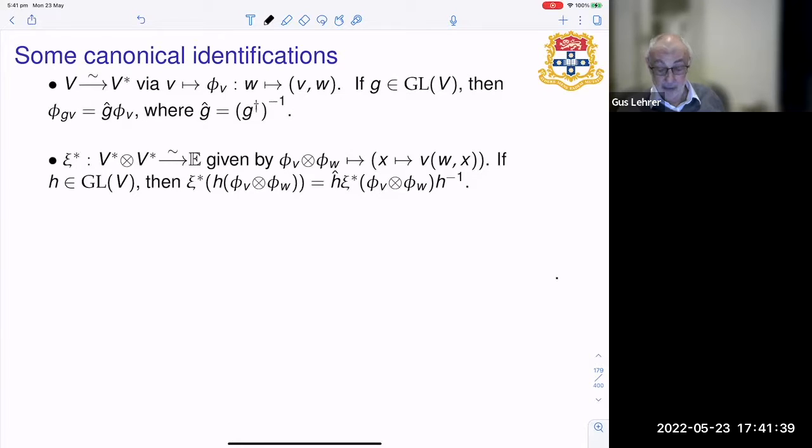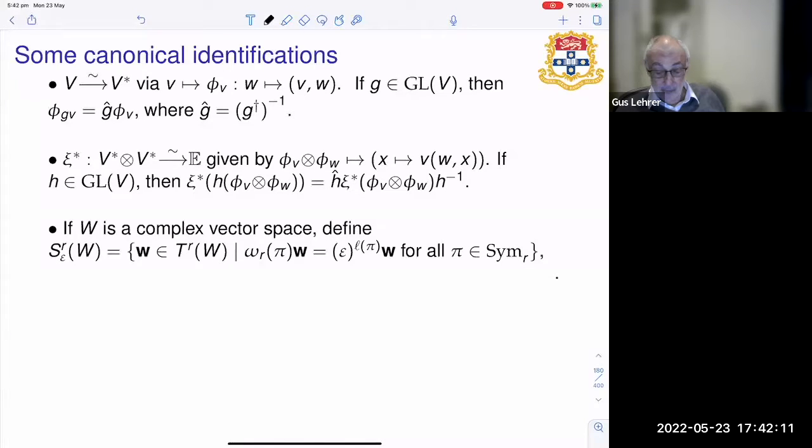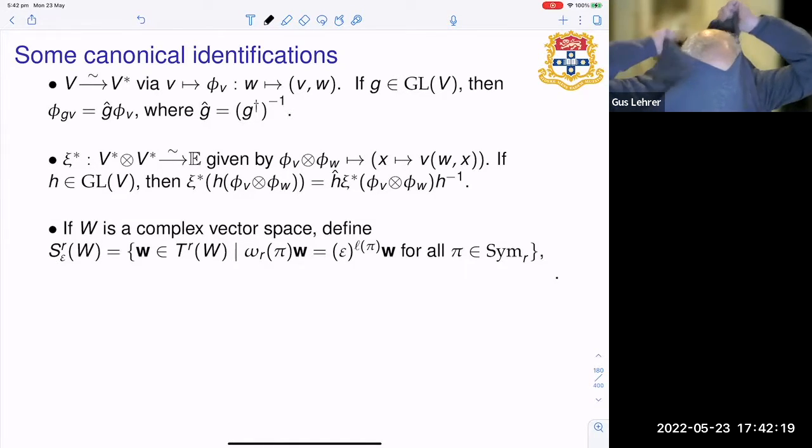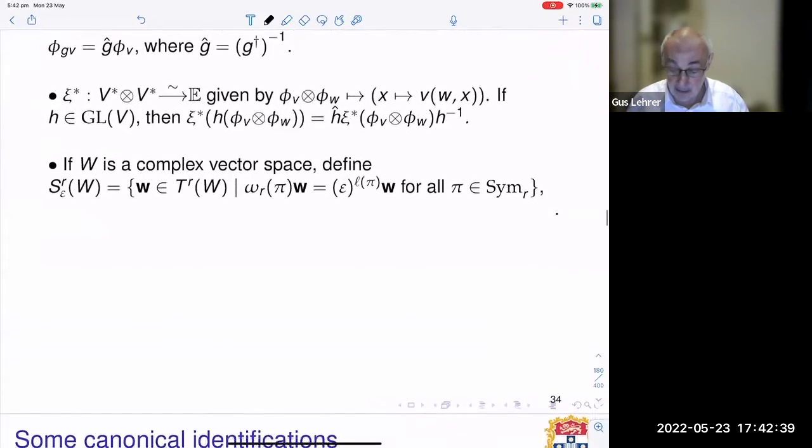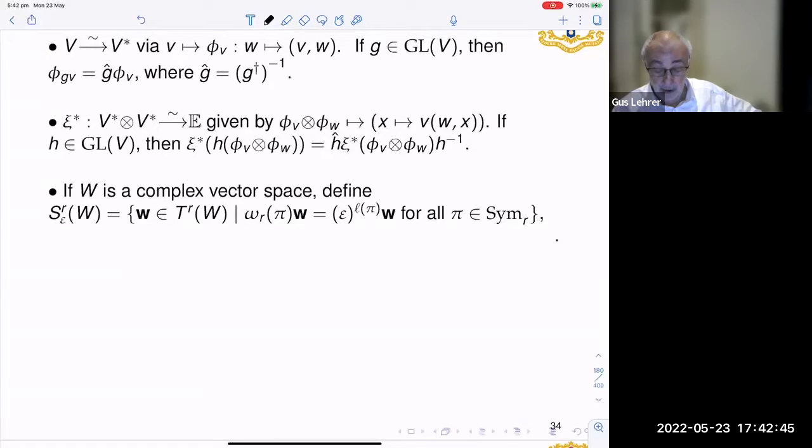So once again, we have an action here, and it's easily checked that the natural action on the tensor square of V star translates into some sort of a skew conjugation on E. So if you now take any complex vector space and you define the degree R symmetric power on that, it's not an algebra, it's a space. You define it like this.